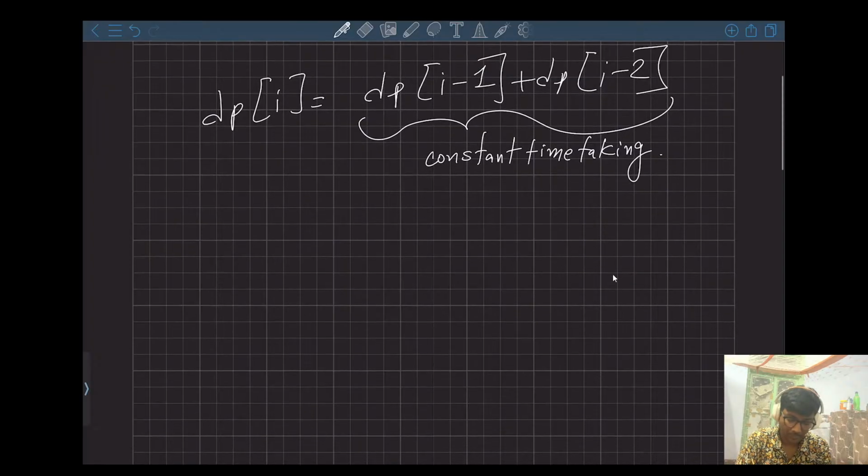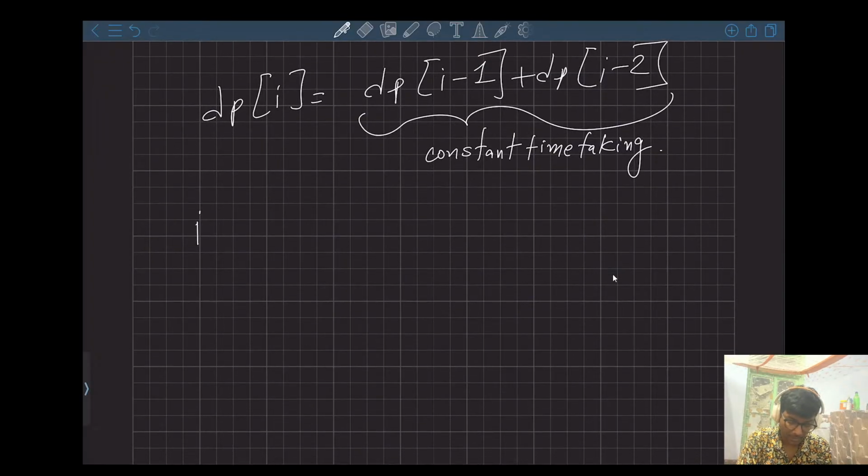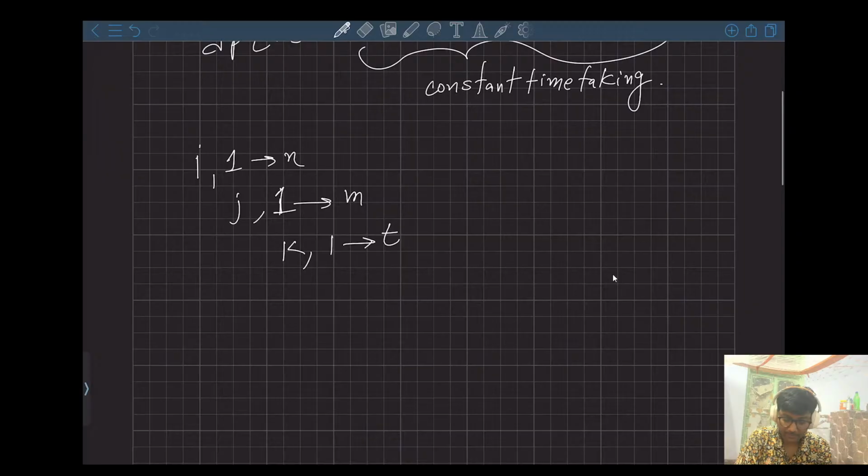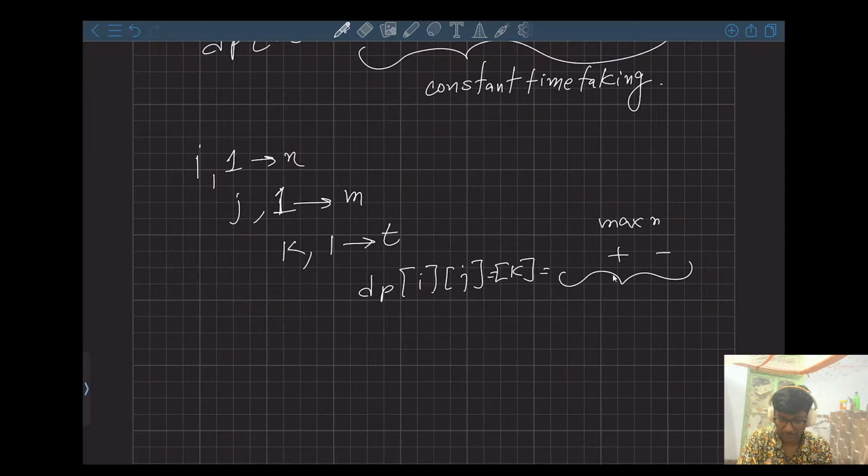For example, you have, say, 3 loops: i from 1 to n, j from 1 to m, and maybe k from 1 to t. Within that, dp of i, j, k equals some constant time operation, maybe some addition, subtraction, maximum, or minimum.